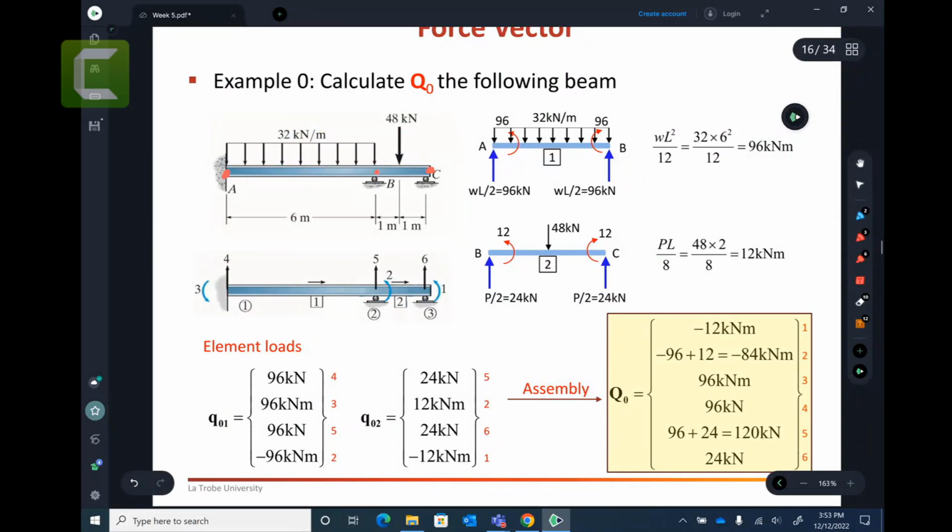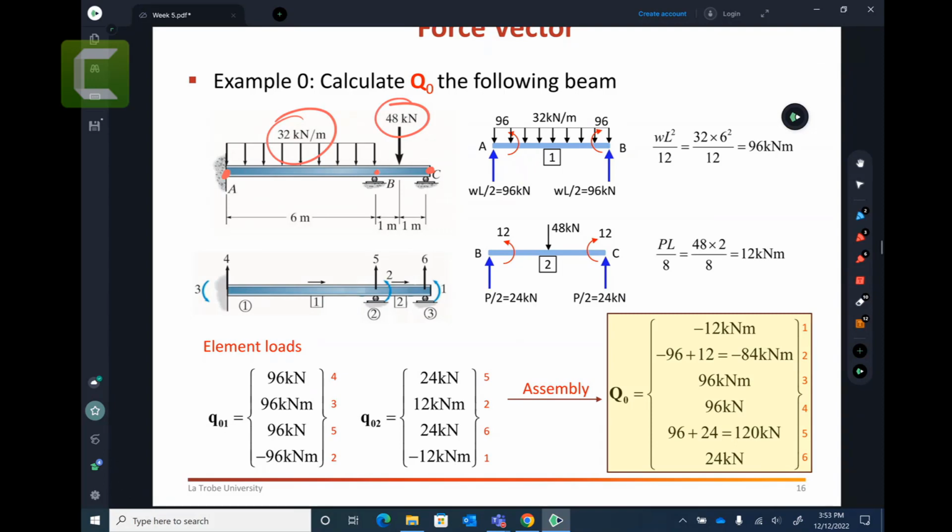These are your nodes, node A, node B, node C. If you have force at node A, node B, and node C, stiffness methods can be used. But when you have a force other than at a node, it does not like it, meaning we need to transfer these forces to the nodes.